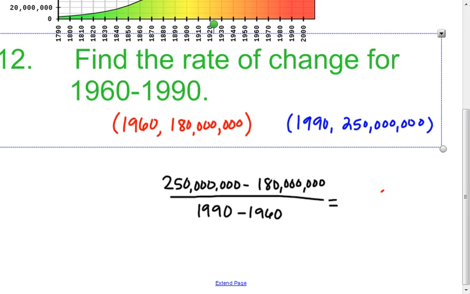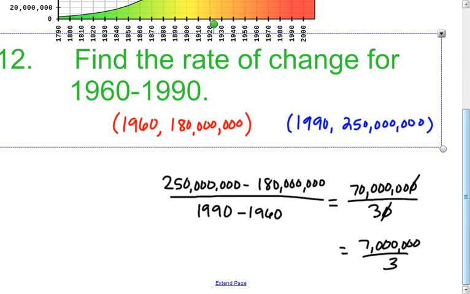And that reduces to 70 million people over 30. Then if you hit math enter, you can cross one of those zeros out, which would be 7 million people every 3 years, because again, on the top we had people, on the bottom we had years. So that means that the population grows, since it's positive, by about 7 million people every 3 years during that time frame.